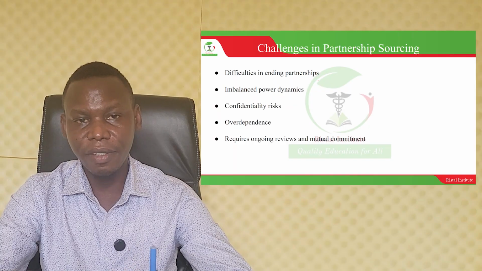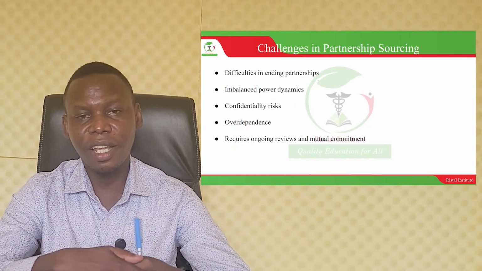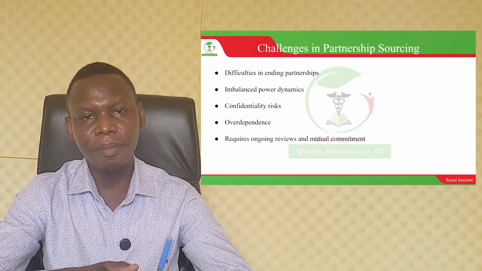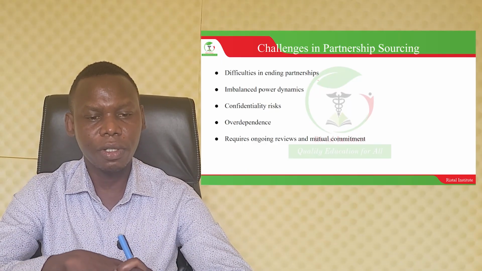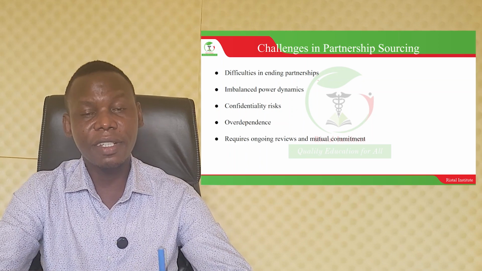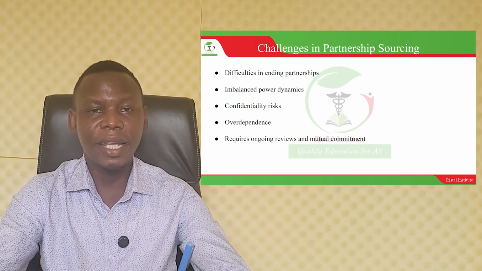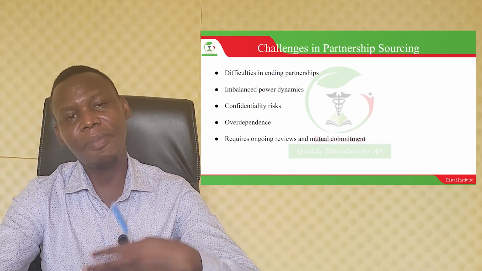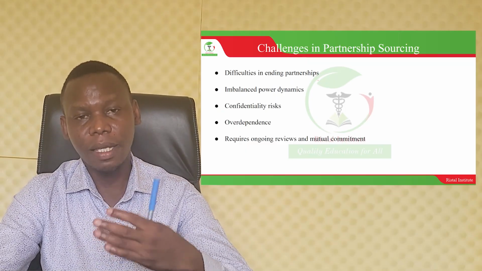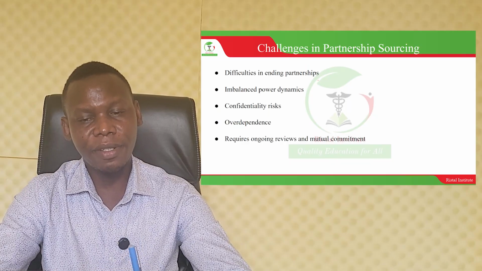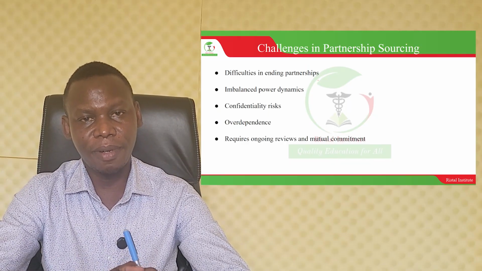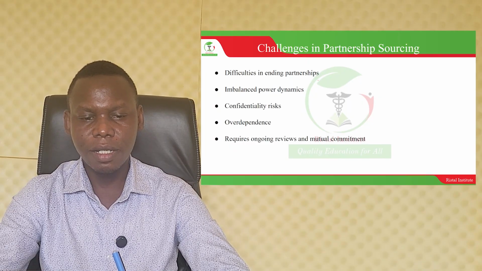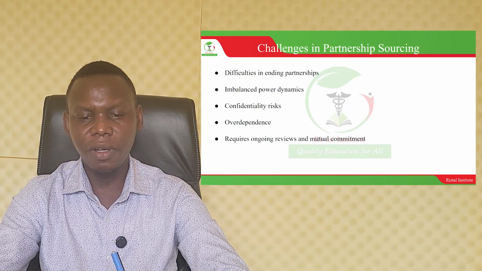Confidentiality risks: information has to be shared with everyone, so there is no way information can be kept confidential. Over-dependency is also another issue: the producing company has to depend on the supplier. If anything happens on the supply side, definitely the production will be affected. It requires ongoing review and mutual commitment.